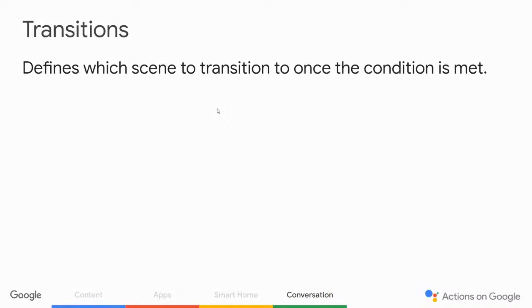Imagine in our previous example, we had a question asked, we said yes. Based on that yes, it transitioned to another conversation. I gave in another input, say dragon, and based on that dragon input, it then transitioned to another scene. So scene by scene, based on different inputs, we are transitioning to different scenes. Those are basically done using transitions.